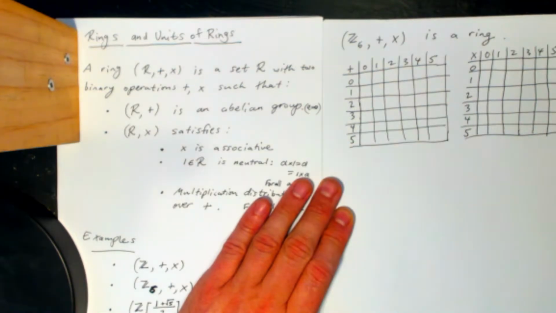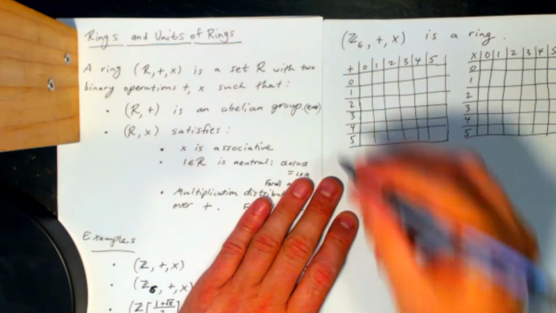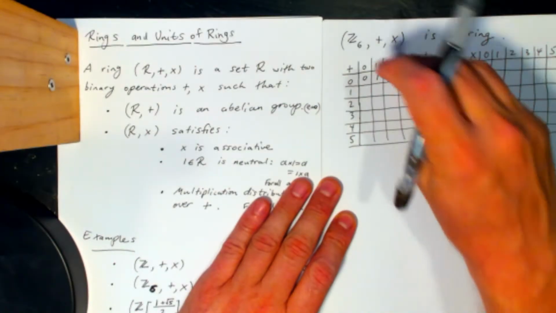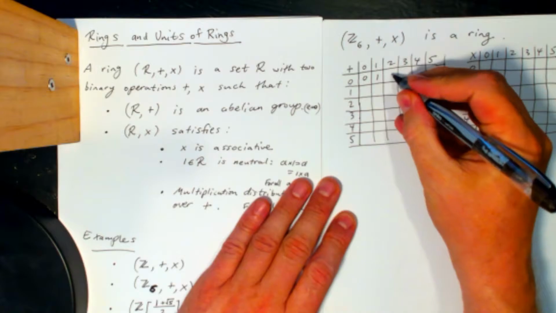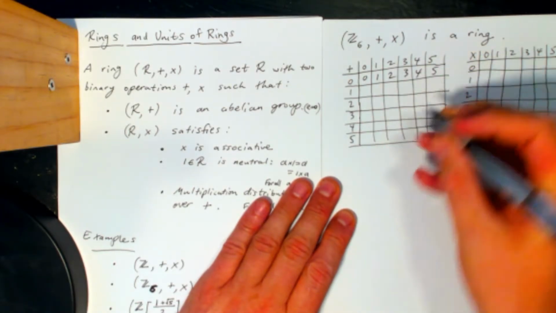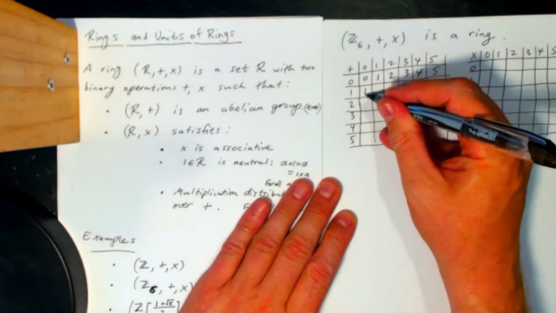Okay, so let's do addition first. Now 0 plus 0 is 0. 0 plus 1 is 1. Okay, we know we have the same thing here because 0 is neutral. And the same thing down the column because this is abelian.